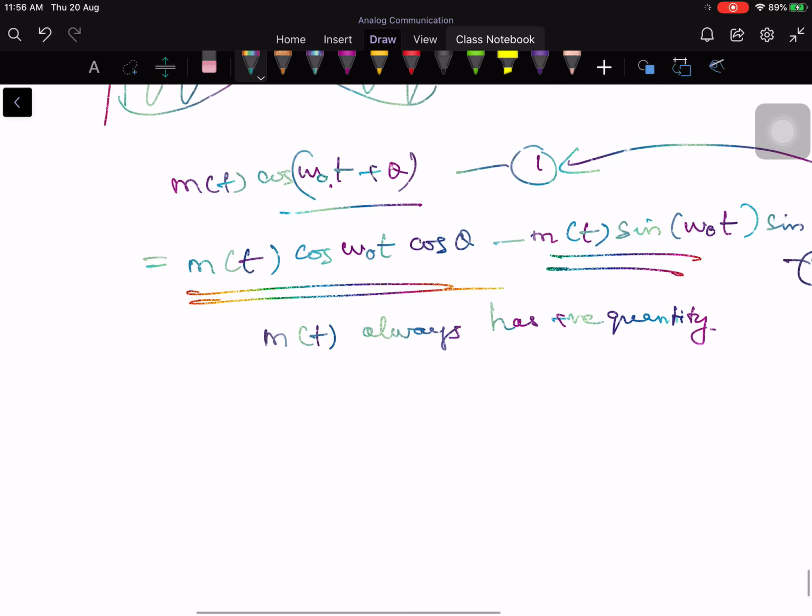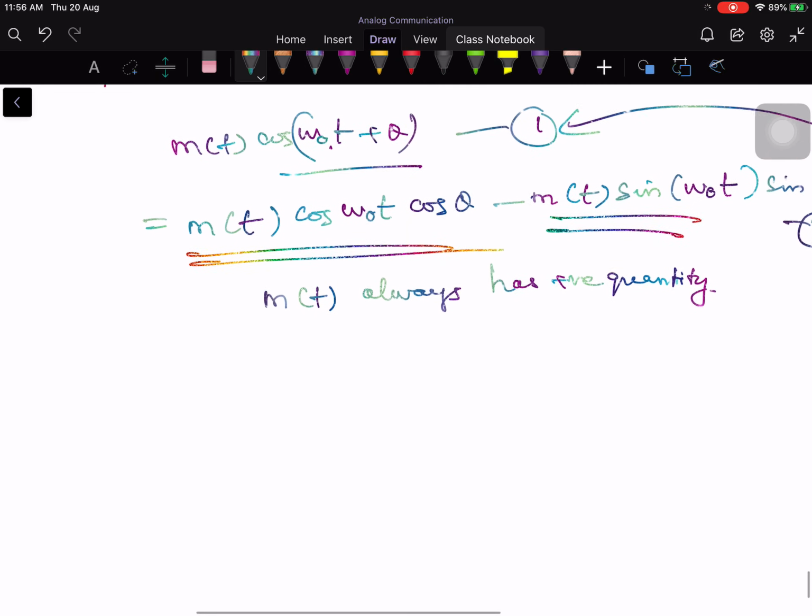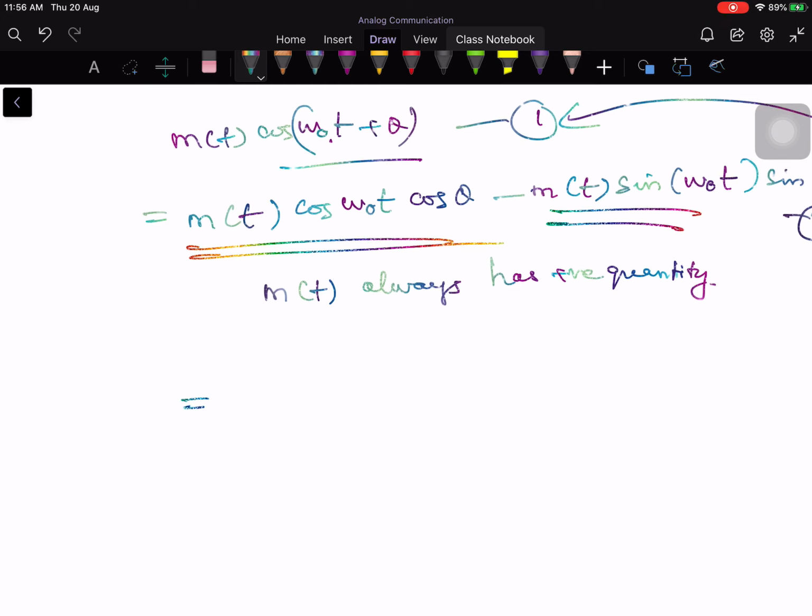How will you find out this m of t, or how will you find out the amplitude? It is given by the square root of m square of t times cos square theta plus m square of t times sin square theta.